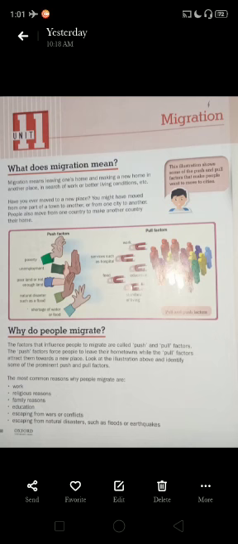International migration means moving from one country to another to settle there. After the partition of the Indo-Pak subcontinent in 1947, huge numbers of people migrated across the Indo-Pakistan border at the same time.